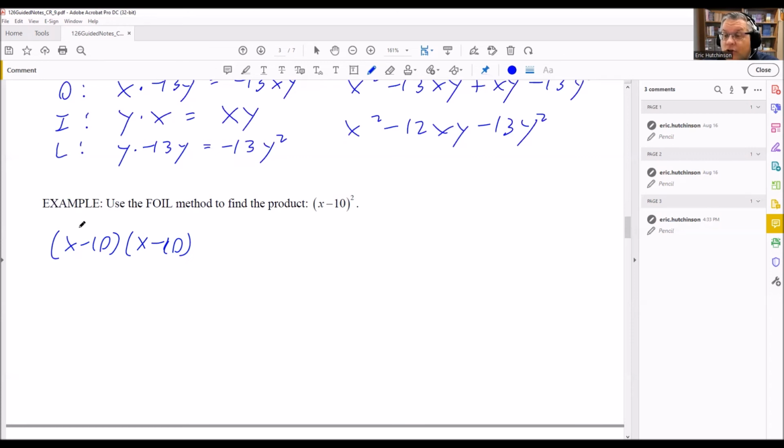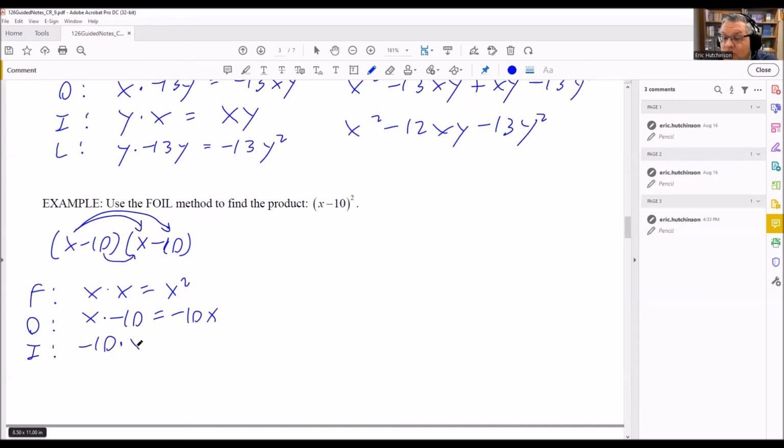And now we're still going to do the FOIL method. So F for FOIL, we have x times x is x squared. Then we're going to do the outer terms. We have x times negative 10 or negative 10x. Then I is the inner terms. Negative 10 times x is another negative 10x.